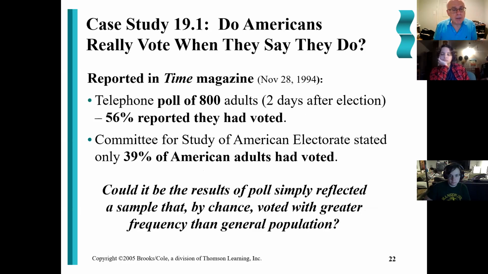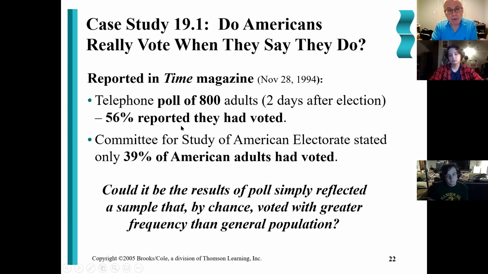All right, and then this again is an example where you have a poll that shows one thing. This is an example of hypothesis testing. You have a hypothesis from the Committee for the Study of the American Electorate that 39% of Americans vote, and then we do a poll of 800 adults, and they found that 56% vote.